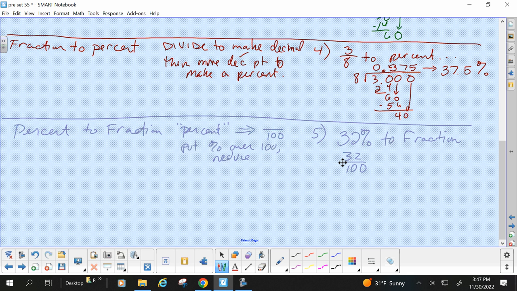Cent is century, cents. 32 hundredths. Now reduce that. 32 hundredths reduces by 2 and 2 again, or by 4 to 8 25ths. 32% is the same as 8 25ths.